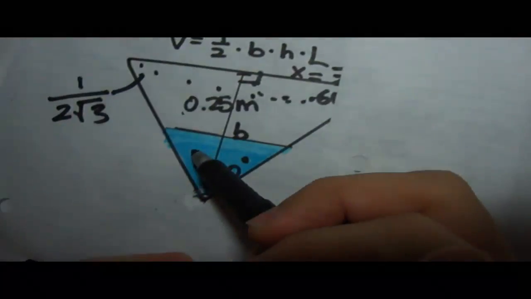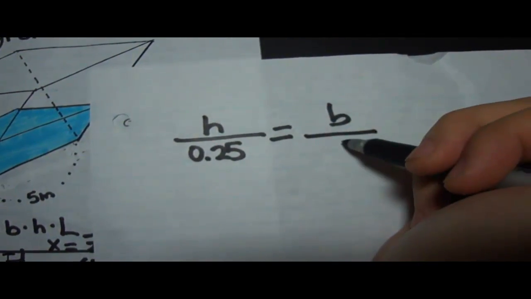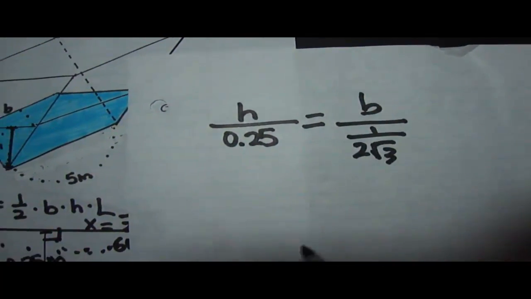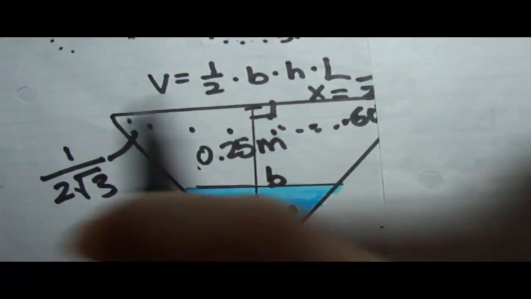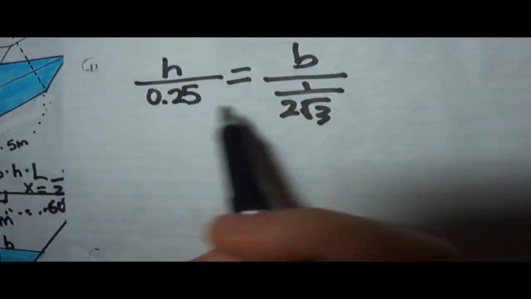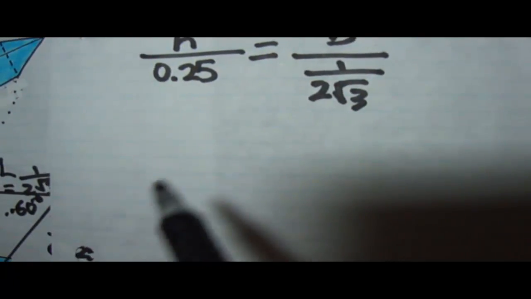So the smaller height to the big one equals B over 1/2 √3, the smaller base to the whole length of the triangle. So they're proportional due to the similar triangle law.